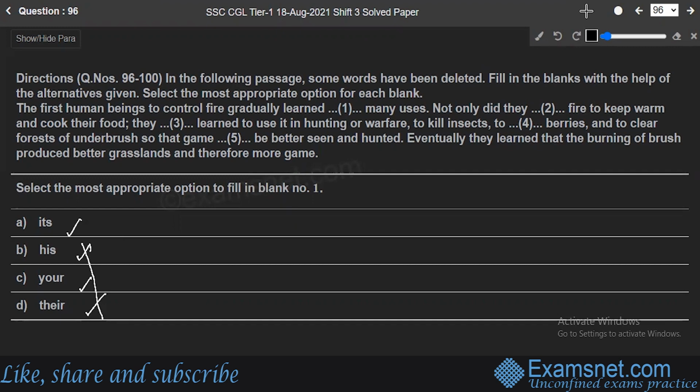The pronoun it should be used because in the sentence the pronoun refers to fire. We are talking about the fire in this question. So the correct pronoun to be used in this section is its. It means belonging to something. So this will be, this book is better.